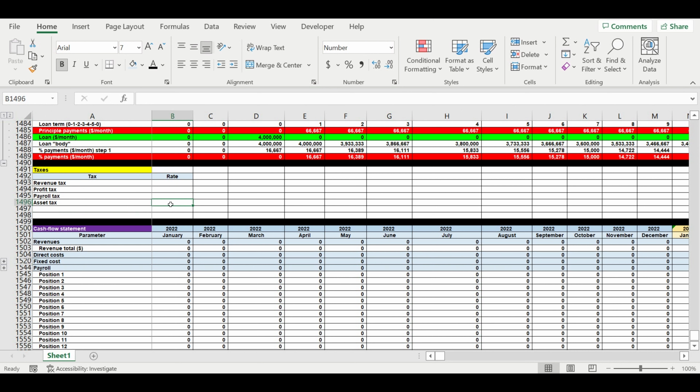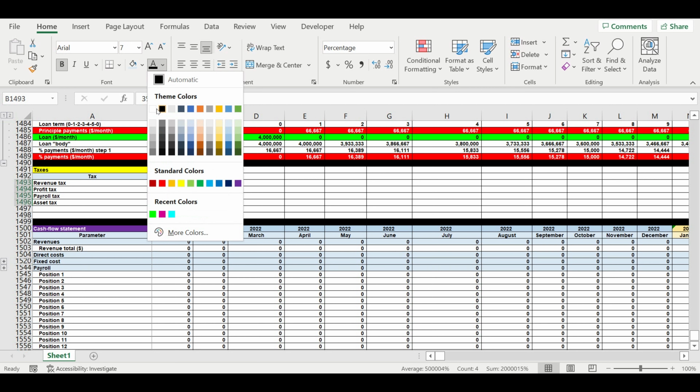For example, we'll have $20,000 per month as the value of asset tax. Payroll tax values will be percentage values. Revenue tax, for example, will be 3%, profit tax will be, for example, 5%, payroll will be, for example, 7%. These are the inputs, so we mark them with a specific color like this.